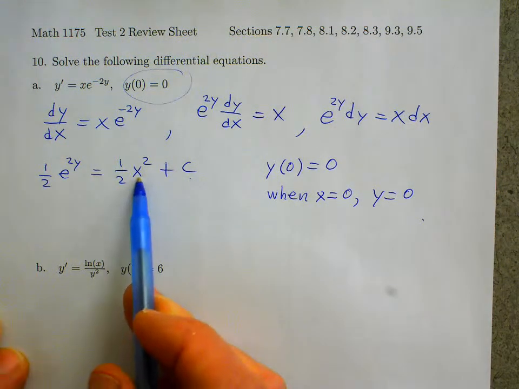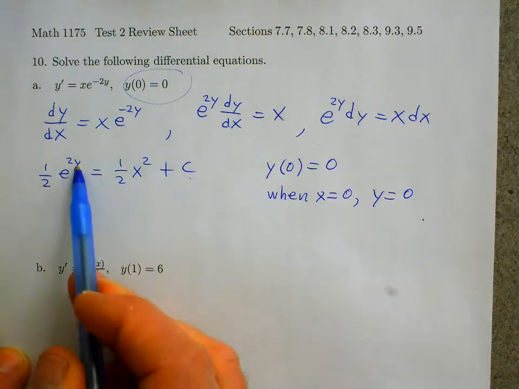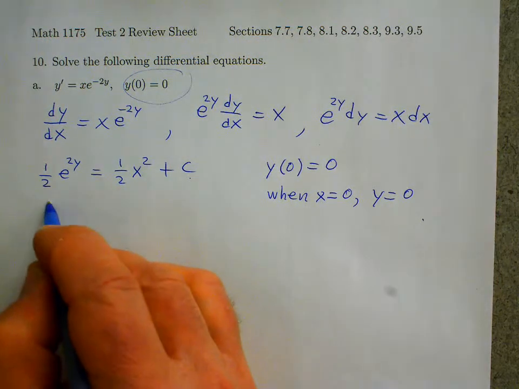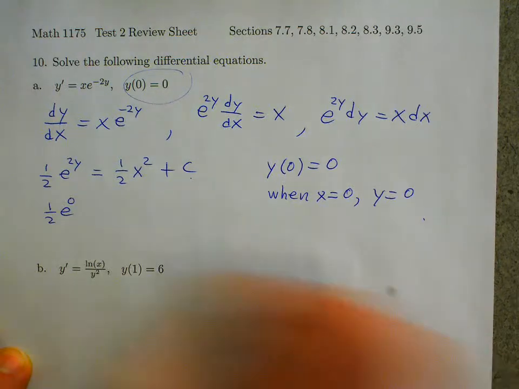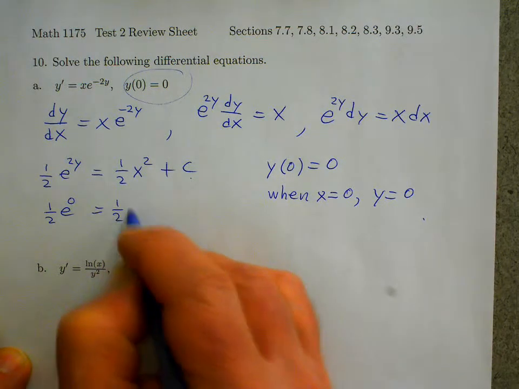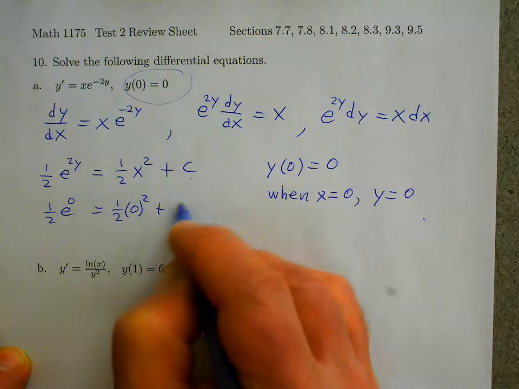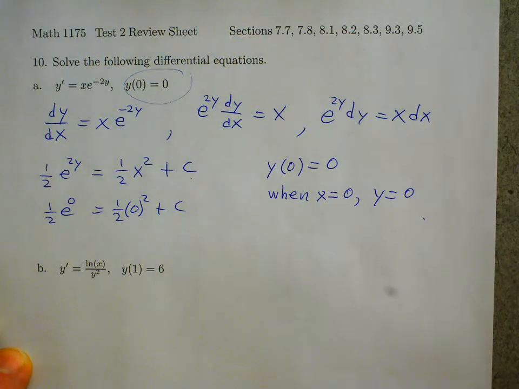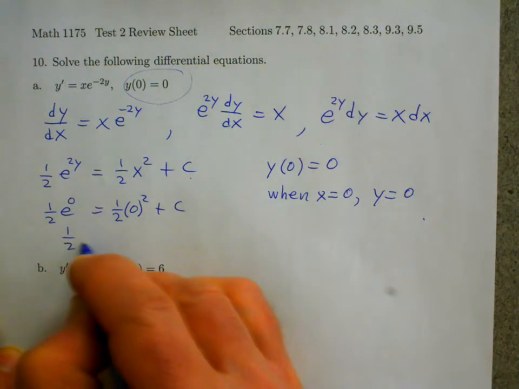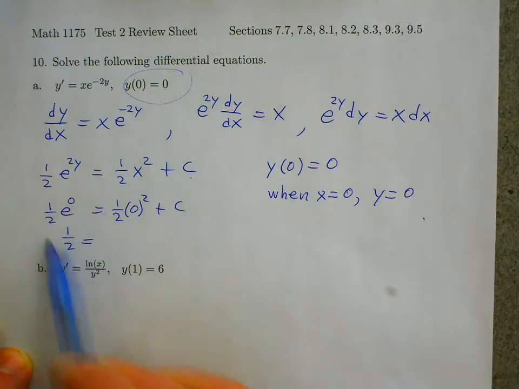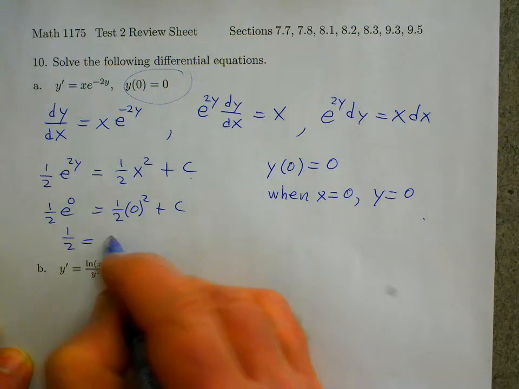So we replace x with 0 and y with 0. So 1/2 times e to the 2 times 0, which is e to the 0, equals 1/2 times 0 to the second plus c. E to the 0 is 1, so we get 1/2 equals c.